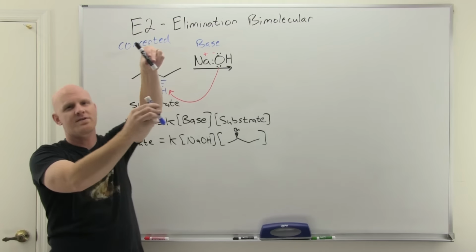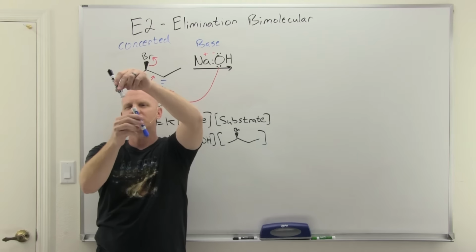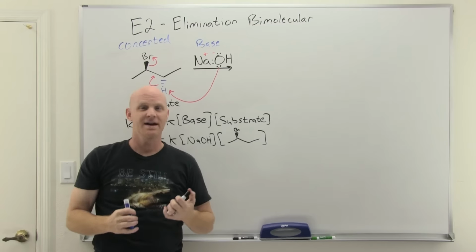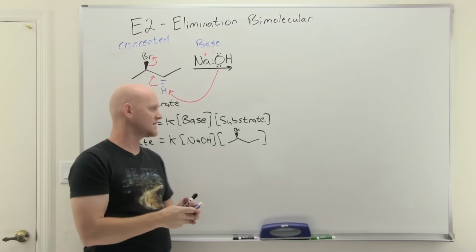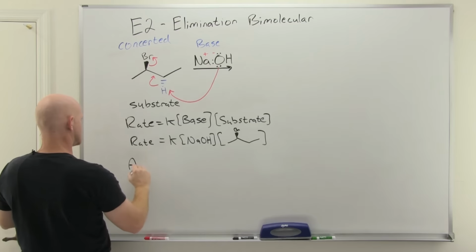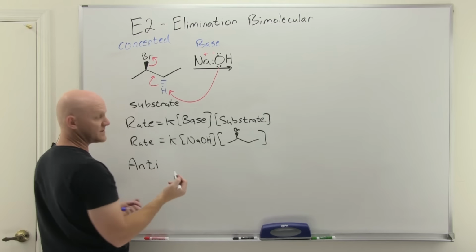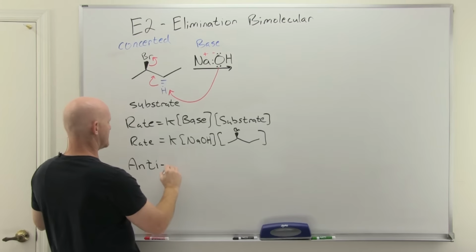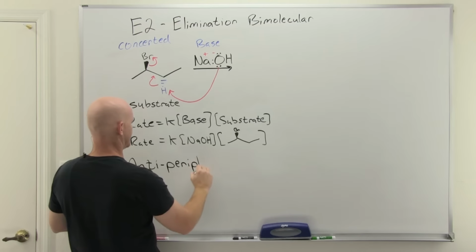And if you look at where they are relative to each other, they're pointing 180 degrees apart. And it turns out they have to point 180 degrees apart. And when they do, we refer to that as being, technically it means anti-coplanar, but the word I'm going to write here is antiperiplanar.